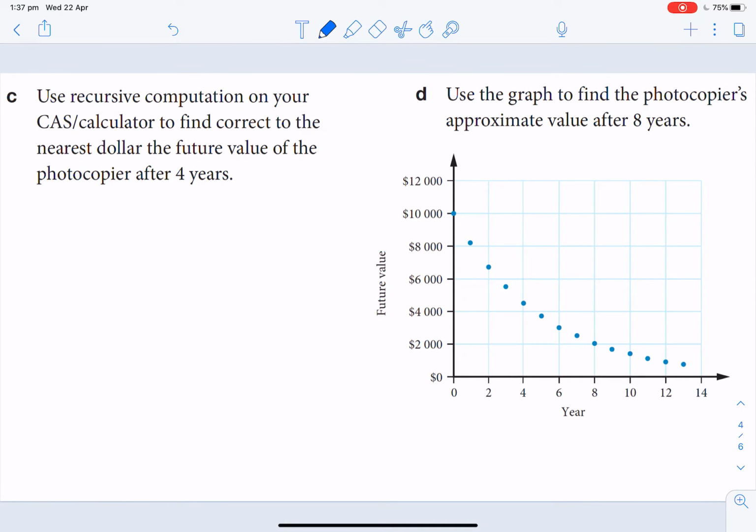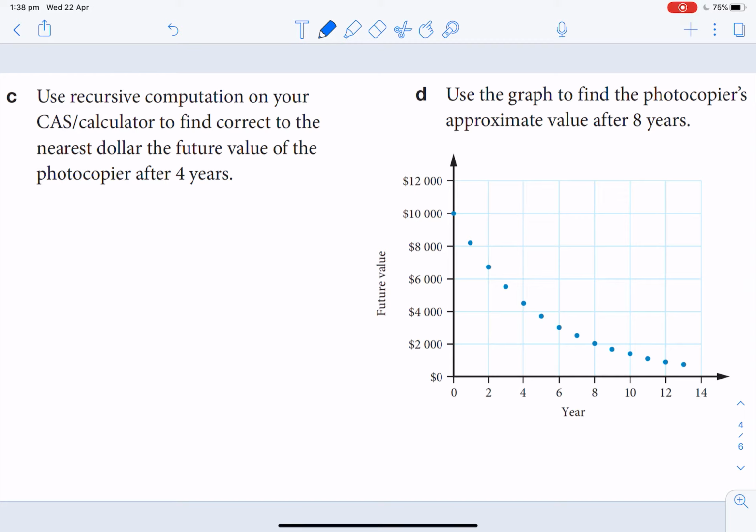Use recursive computation on your CAS calculator to find, correct to the nearest dollar, the future value of the photocopier after 4 years. If you're using CAS, you can watch the geometric video. But in summary, you put in your 10,000, you press enter. You put times 0.82, enter. It should give you 8,200.